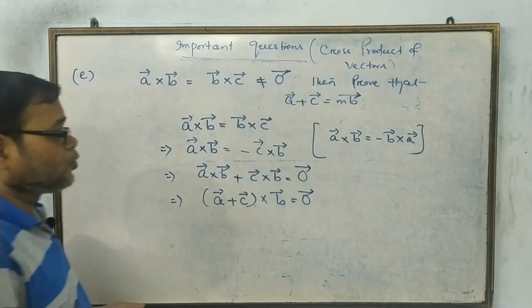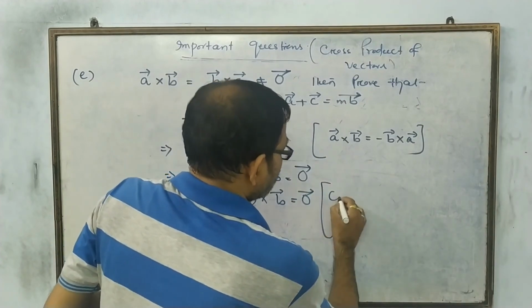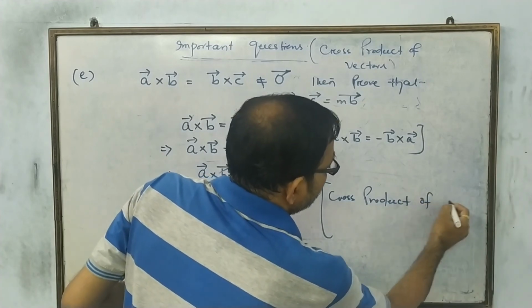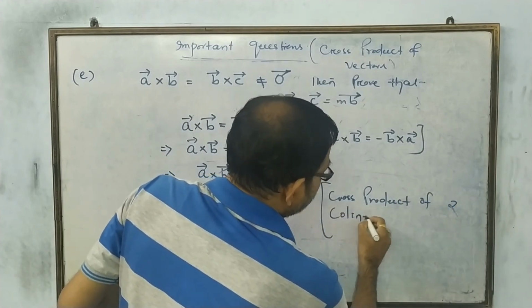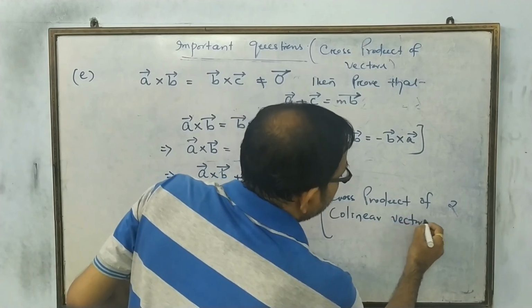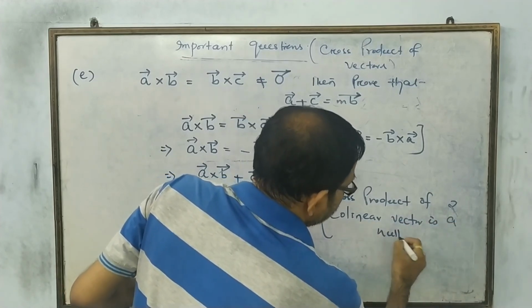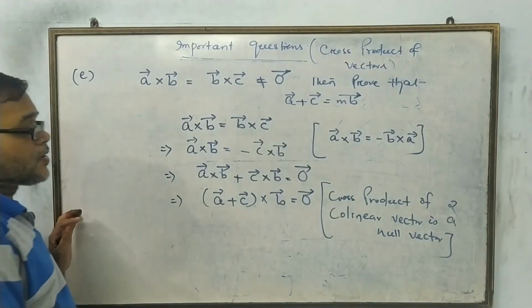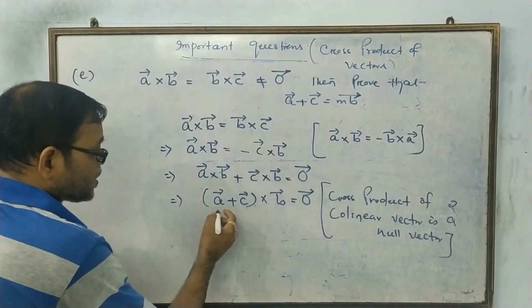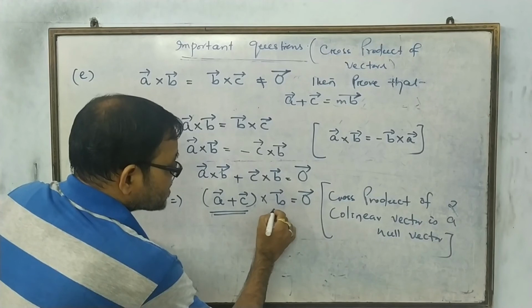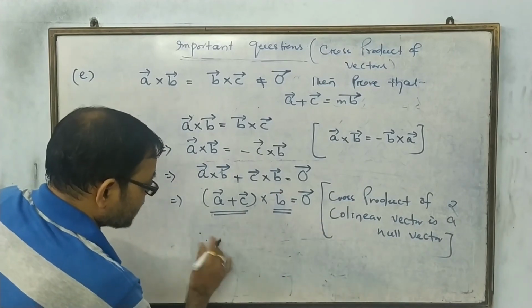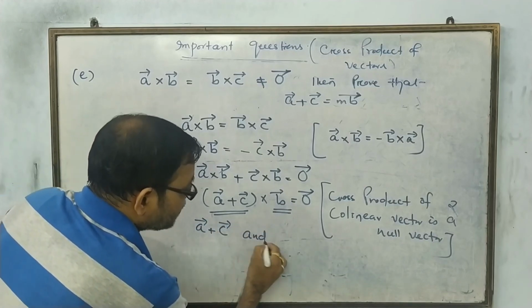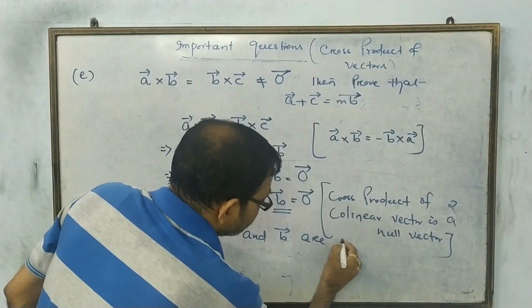If the cross product of two vectors is a null vector, look at this concept: cross product of two collinear vectors is a null vector. That's why if this is a vector and this is a vector, and the cross product is a null vector, then I can say that a plus c and b are collinear.